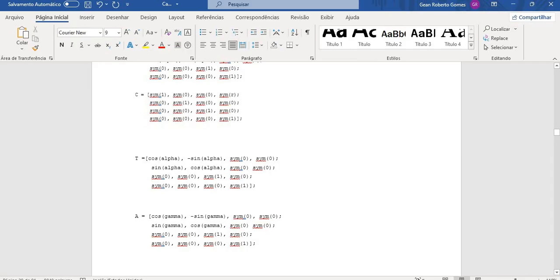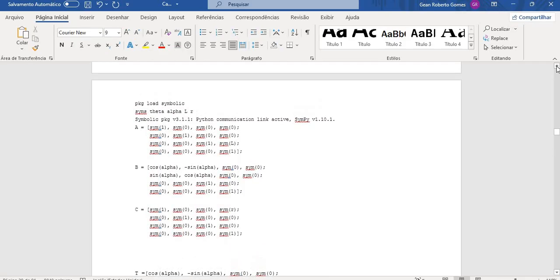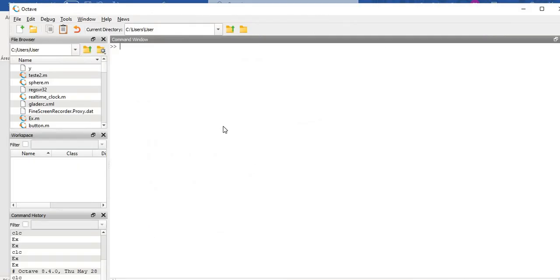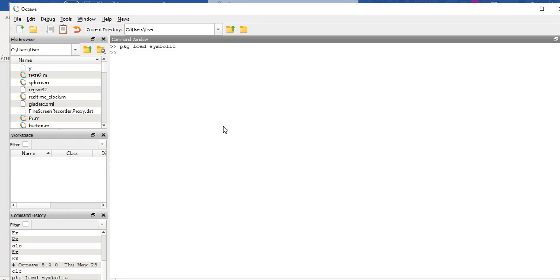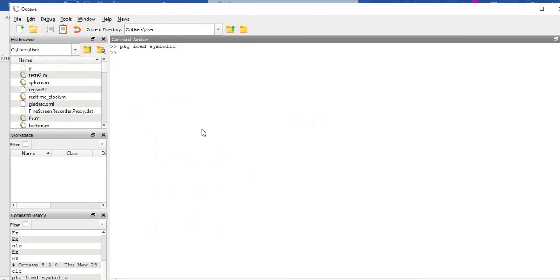Okay, but we have to type a command so Octave can recognize these parameters. So we will load this symbolic package, and we have to type this command, so Octave will recognize these parameters.